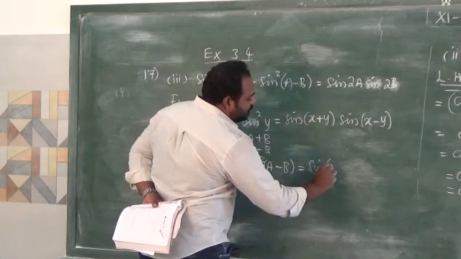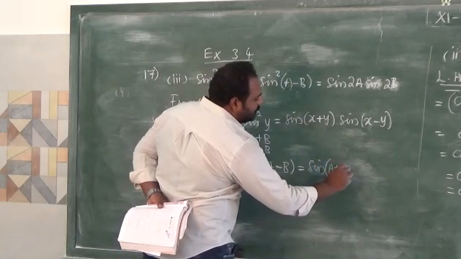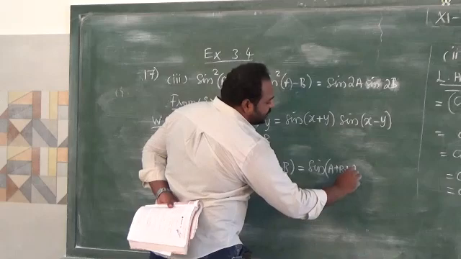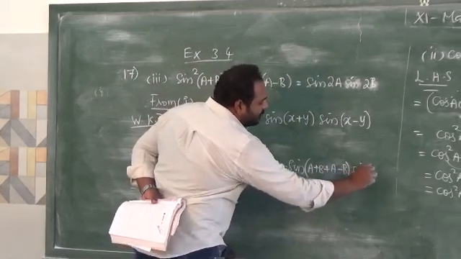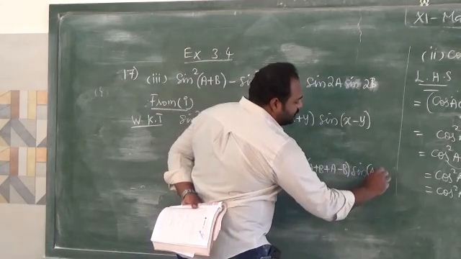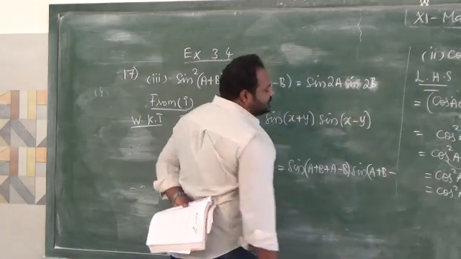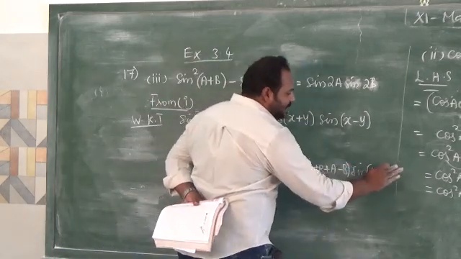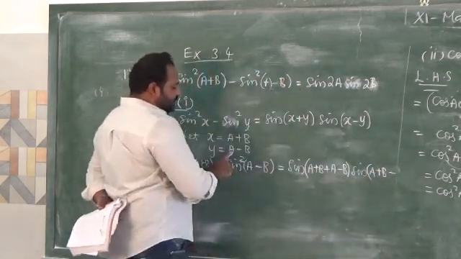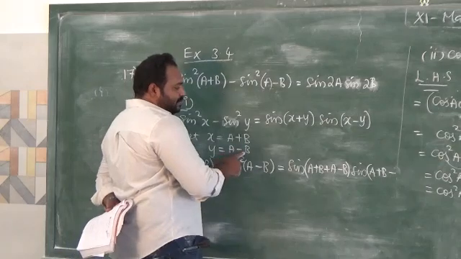sin of (a plus b plus a minus b) into sin of (a plus b minus (a minus b)). When you multiply the minus inside, this will become minus, this will become plus.